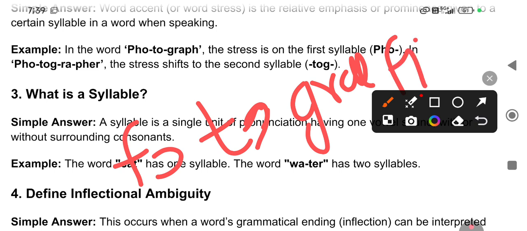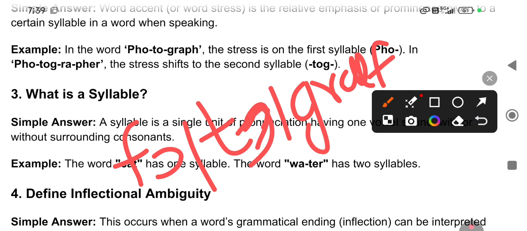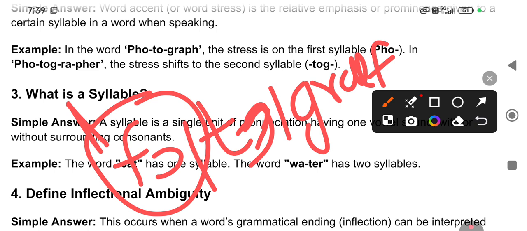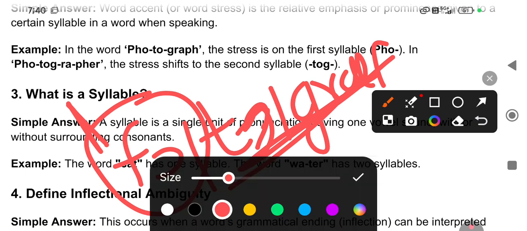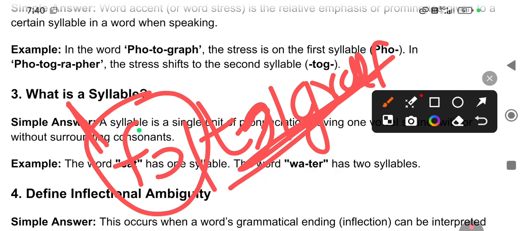Photograph, photograph. Okay. So three syllables: photo, graph. So here this is the primary stress, this one, and the rest is not emphasized much. The stress is on this first syllable.